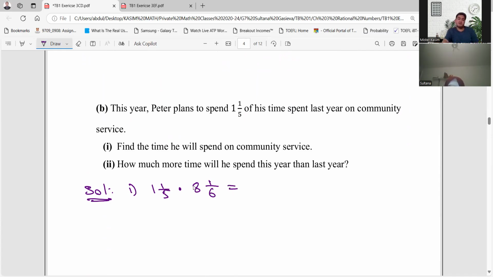So 1 times 5 is 5, 5 plus 1 is 6, so 6 over 5, times 8 times 6 is 48, 48 plus 1 is 49 over 6. You have 6 at the top and 6 at the bottom, so they cancel. Here we have 49 over 5, and they don't have any common factor except for 1. Now let's change this into a mixed number, Sultana.